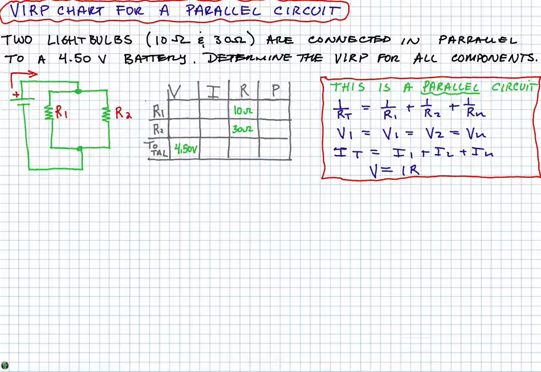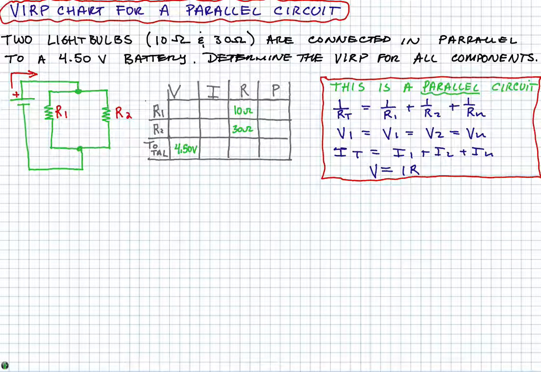So now what I need to do is calculate the rest of the values. If I look at the VIRP chart, the place to start probably would be to determine the total resistance. That's really my only choice.